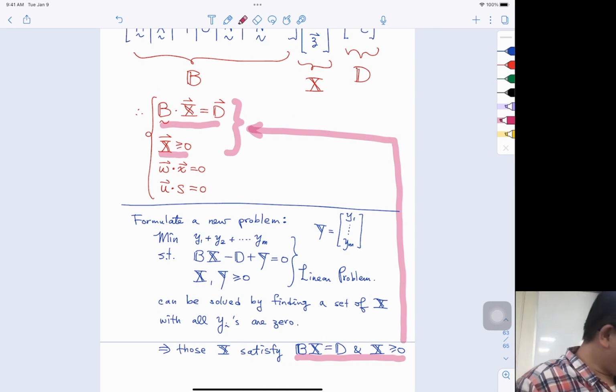So once we have a bunch of x that satisfy those two, we check those, if those are satisfied. If not, we may need to have linearization again at the new point. So it's like a sequential approach.